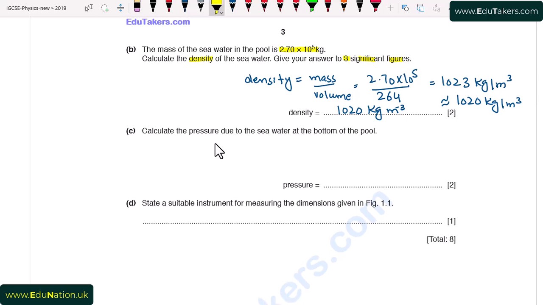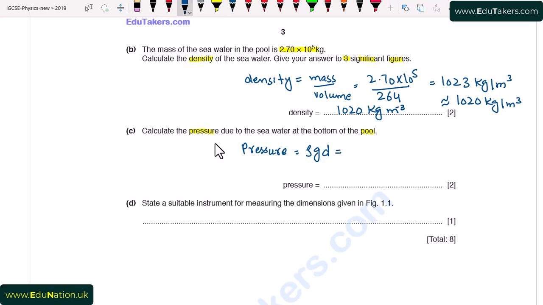Part C. Calculate the pressure due to the seawater at the bottom of the pool. Here we have to calculate the value of pressure due to the seawater. It is the product of density, acceleration due to gravity and height or depth. So I write here rho, g and D, where D is the depth, it is also height.